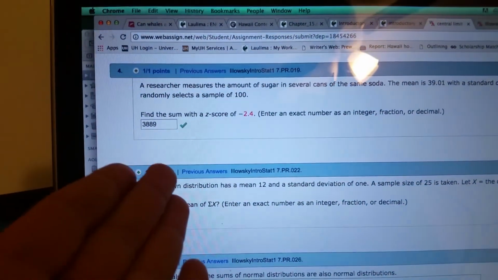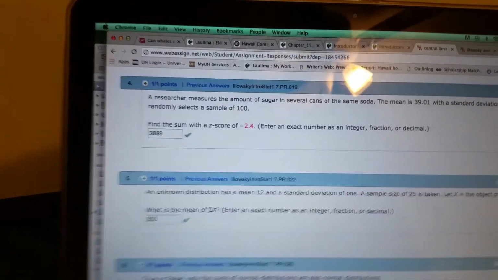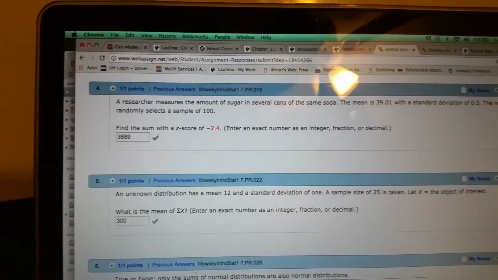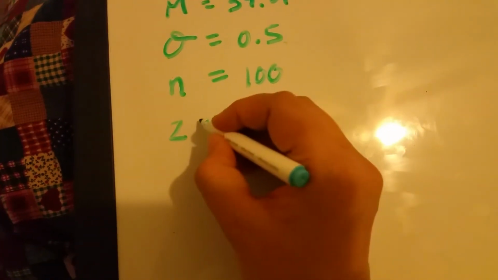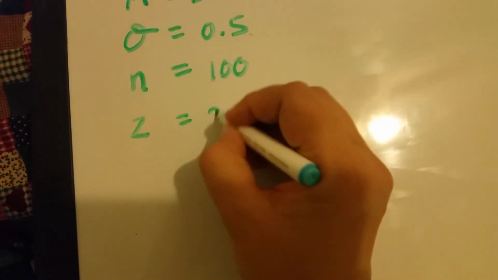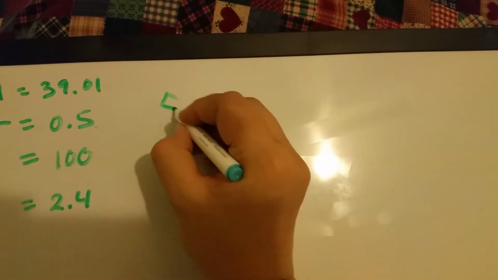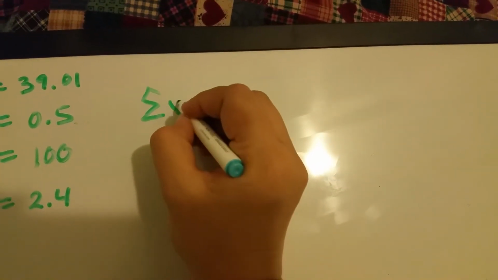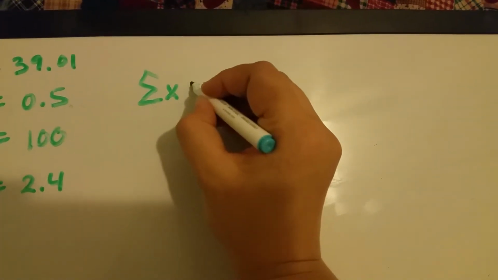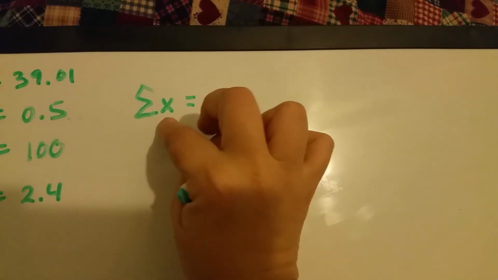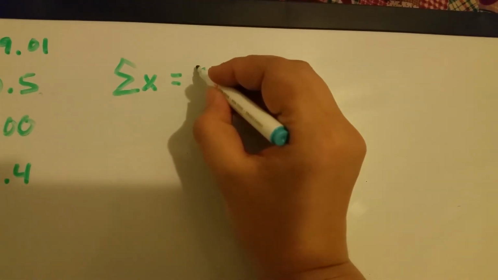Okay, this is where it gets really complicated. It says find the sum with a z-score of negative 2.4 for me. So let's write that the z is 2.4. Whatever yours is, that's what's going to be changing. But here's the formula for the sum of x.